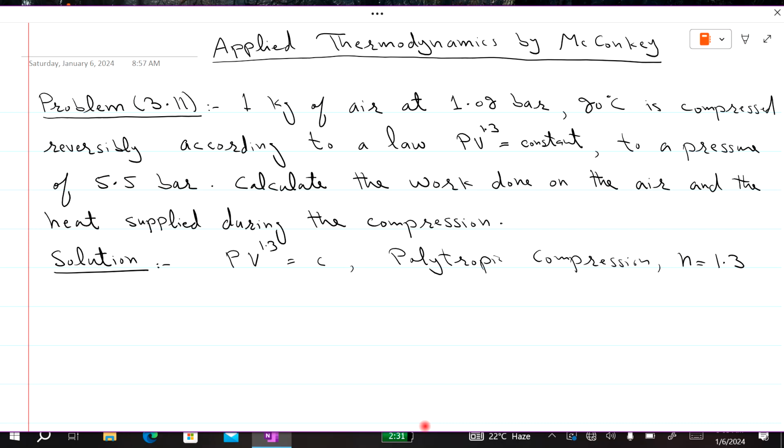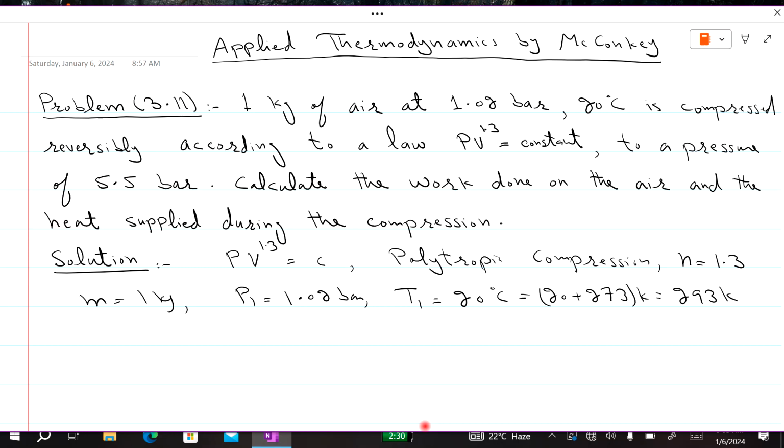So 1 kg of air at 1.02 bar: initial pressure P1 is equal to 1.02 bar, and 20 degrees centigrade means initial temperature T1 is 20 plus 273 Kelvin, which is equal to 293 Kelvin.